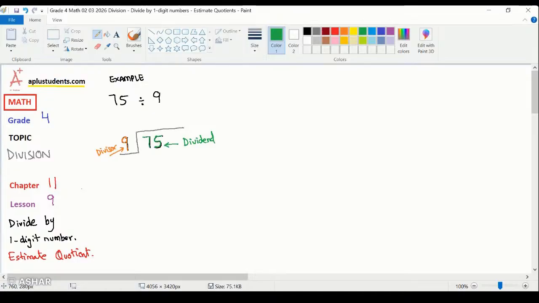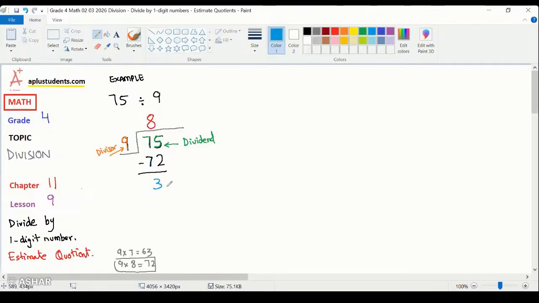So we know that 9 times 7 was 63 and 9 times 8 was 72. So what we can do is, 9 times 8 was 72. When we subtract, we are left with a 3.